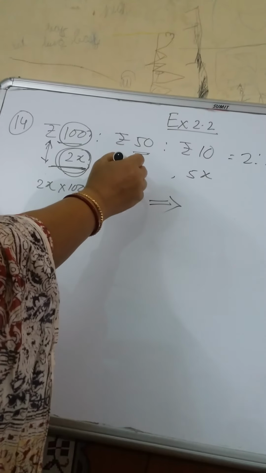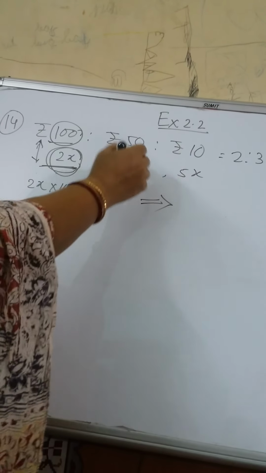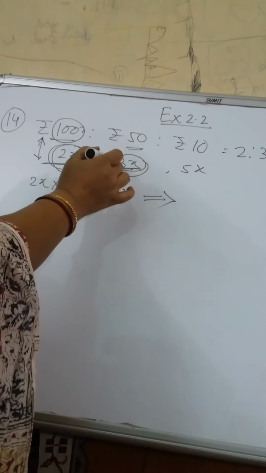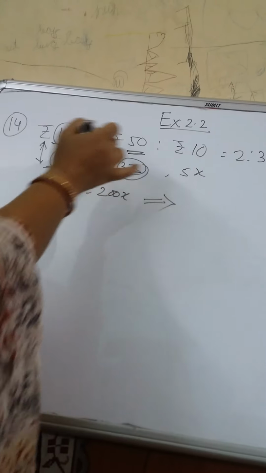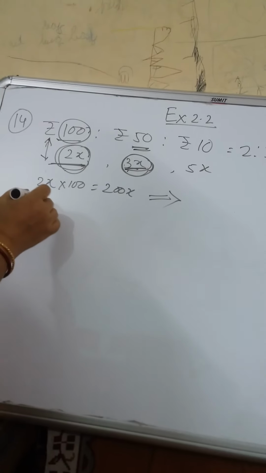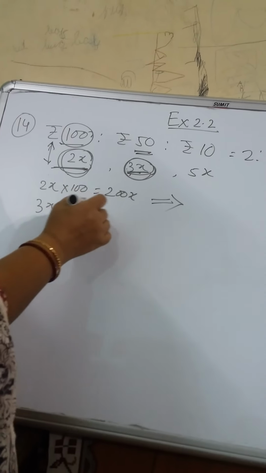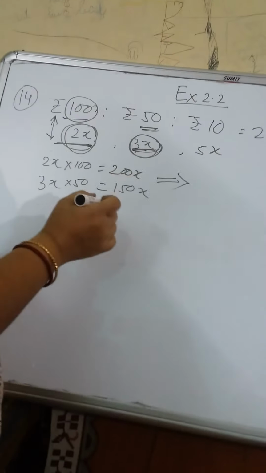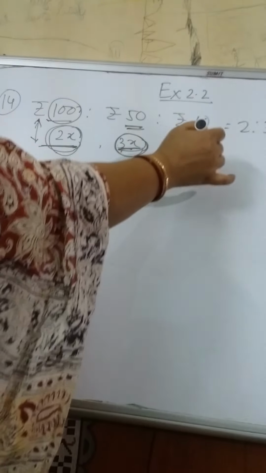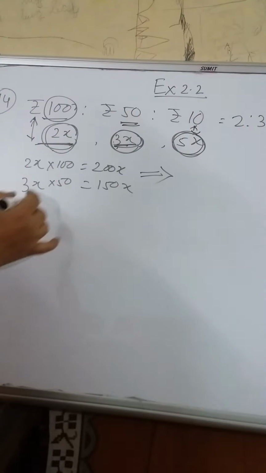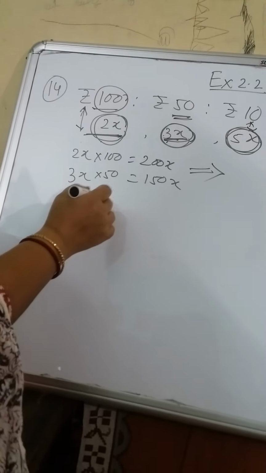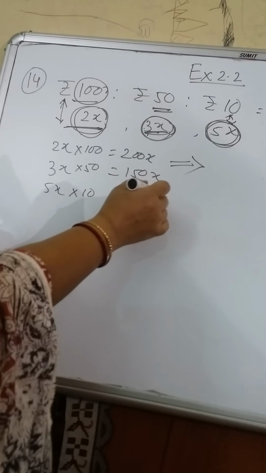Next, 50 rupees notes is 3x, meaning she has 3x number of 50 rupees notes. So the money for these will be 3x into 50, that is 150x, and 5x number of 10 rupees notes. So the total money for this is 5x into 10, that is 50x.